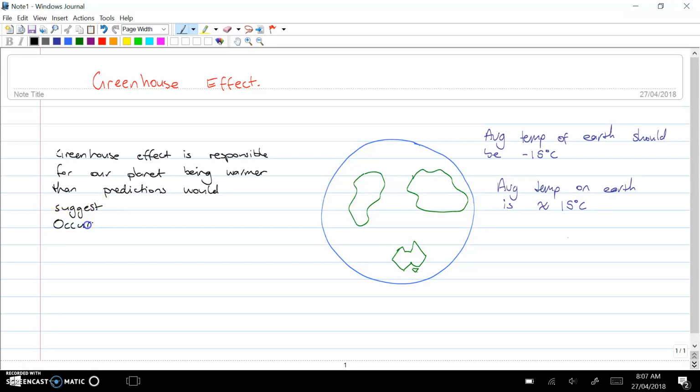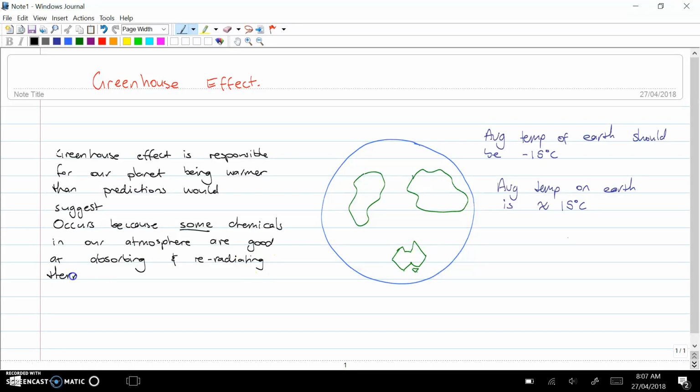and it occurs because some chemicals, not all, some chemicals in our atmosphere are good at absorbing and re-radiating thermal energy.